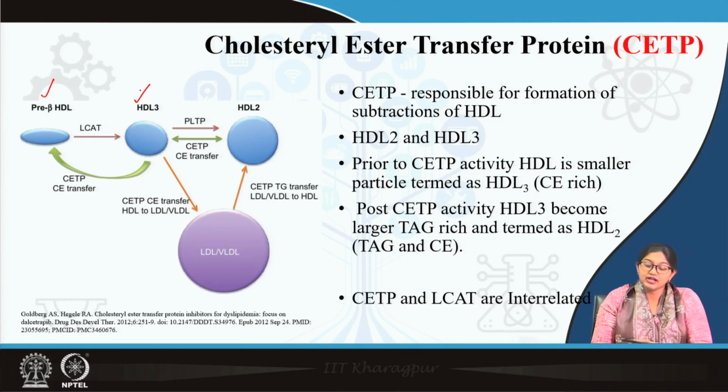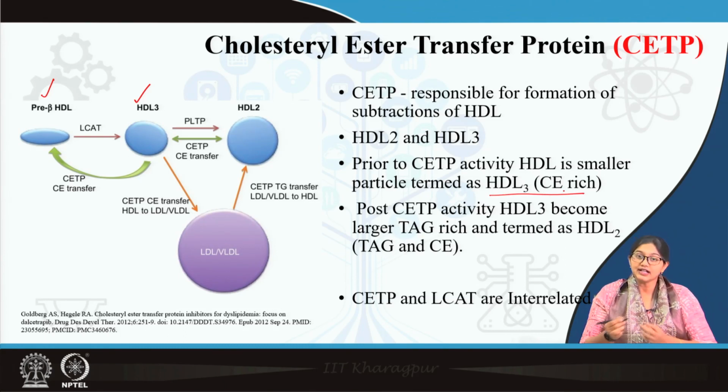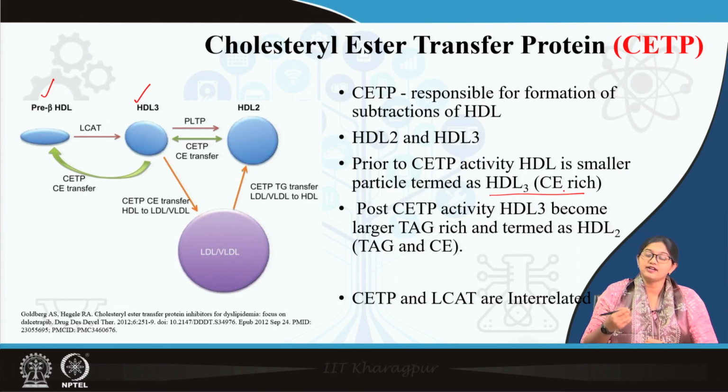Now, HDL3 contains cholesterol ester inside its core. So HDL3 is rich in cholesterol ester, but after CETP activity, CETP reduces the cholesterol ester content of the HDL, whereas it increases the triacylglycerol content of the HDL.